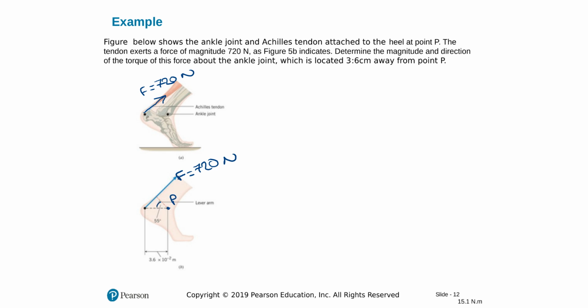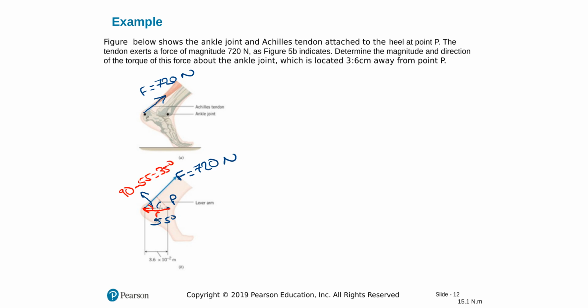This angle here is given as 55 degrees, but we're looking for this angle, which will be our angle with respect to the distance from the pivot. Actually, the angle between the distance from the pivot R and the force here, and that will be 90 minus 55, that would be 35.